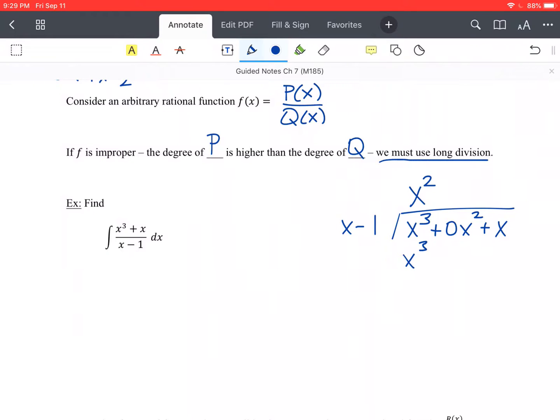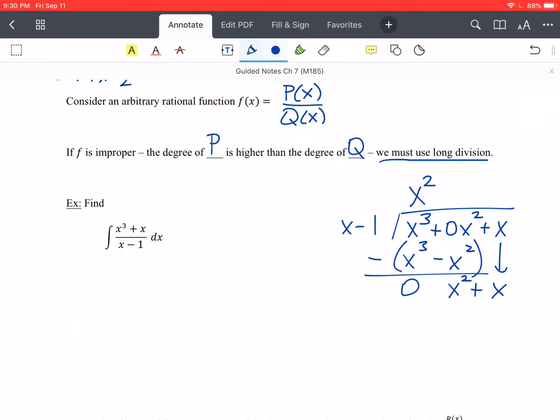X squared times negative 1 is negative x squared. Whatever you get, subtract. And then the idea is that those will cancel to 0 every time. And now we get 0 minus a negative, so that's a plus. So we just get x squared, and then bring down whatever the next term is.